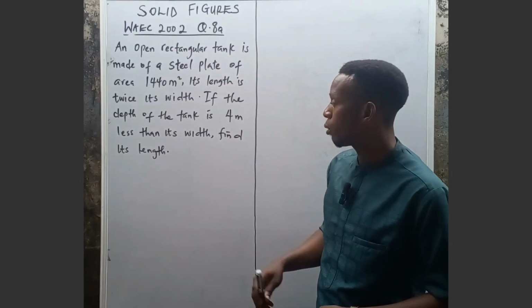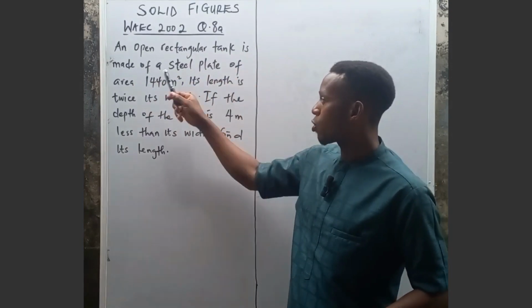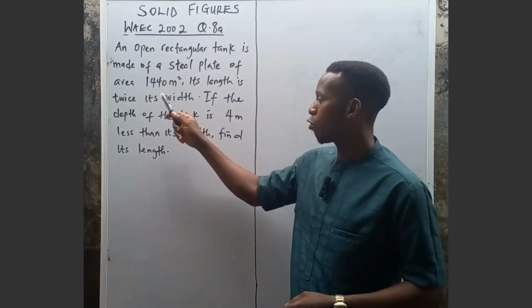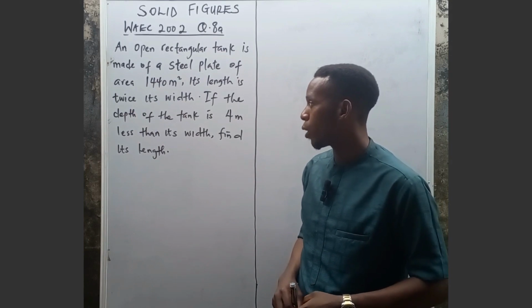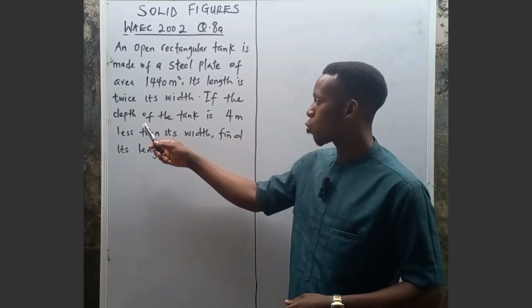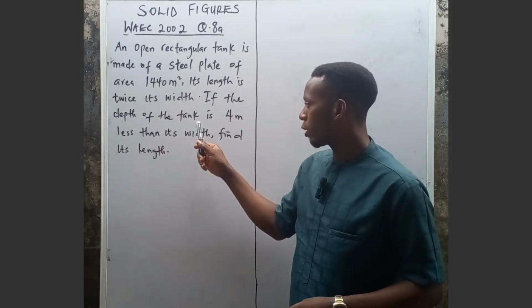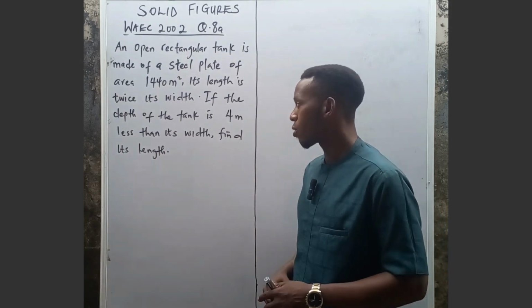The question reads: an open rectangular tank is made up of steel plates of area 1440 meters square. Its length is twice its width. If the depth of the tank is 4 meters less than its width, find the length.